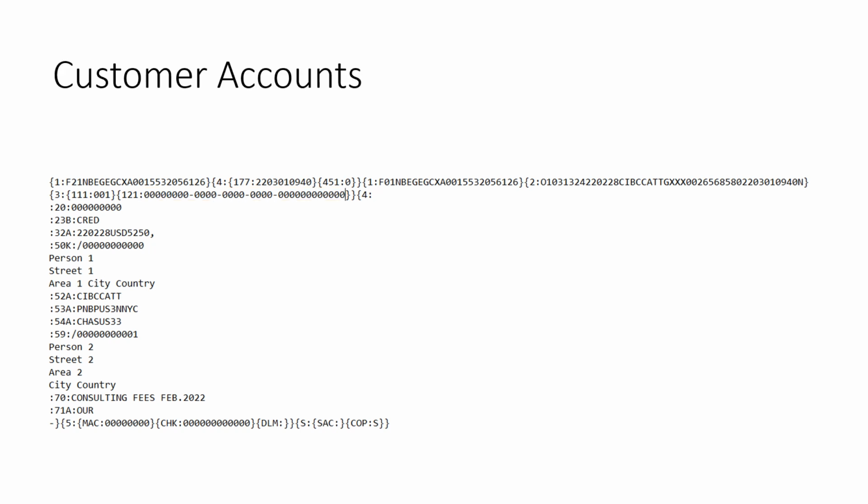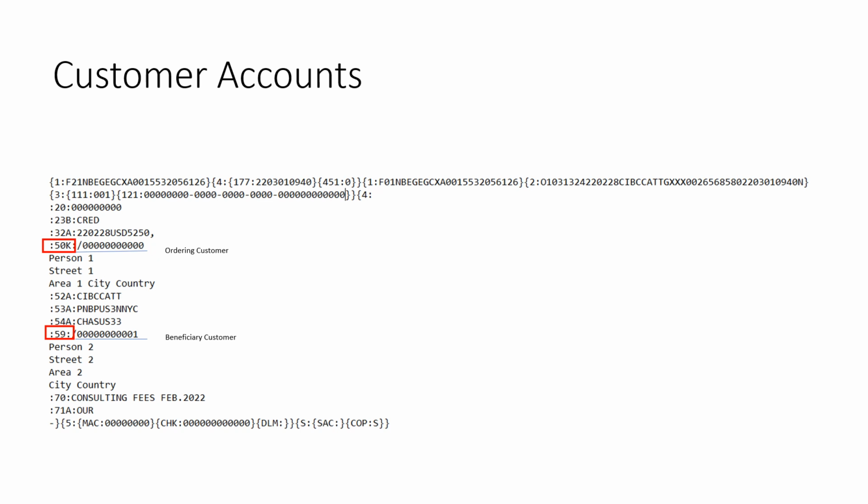Last thing we will be talking about will be the customer's accounts. These are present as a part of the message body or block 4, depending on the message type. Tag 50 is known as the ordering customer and tag 59 is known as the beneficiary customer. In order to know which one of them is the customer of the bank, we have to take into account the message direction.